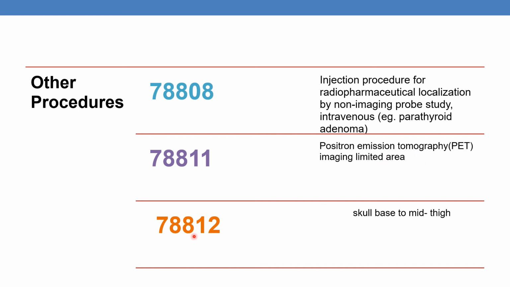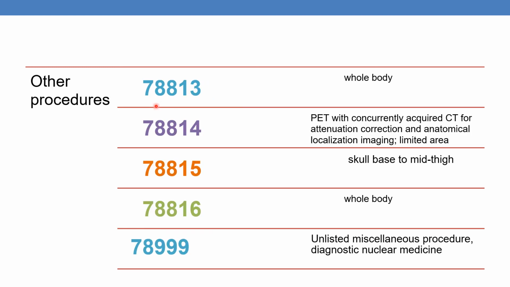The next is 78812, positron emission tomography imaging, skull base to mid-thigh. The next is 78813, positron emission tomography imaging, whole body. The next is 78814, PET with concurrently acquired CT for attenuation correction and anatomical localization imaging, limited area.